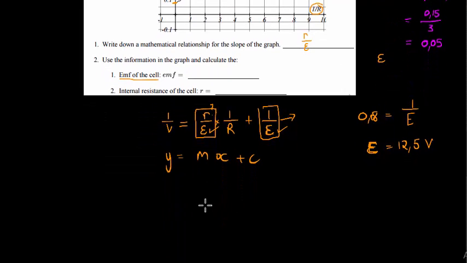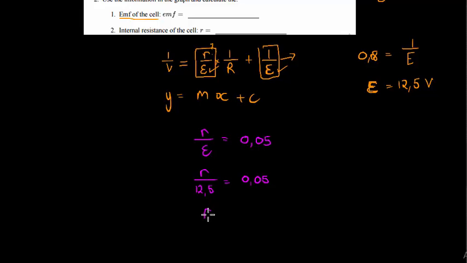In other words, r over E is equal to 0.05. I've got r over 12.5 is equal to 0.05, and so I can calculate my internal resistance as the product of those two.